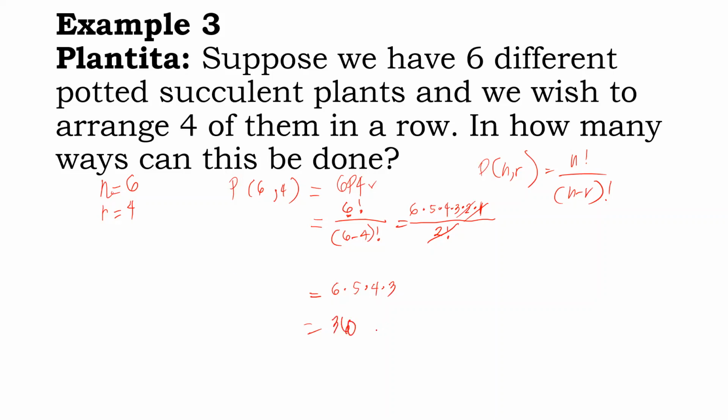So, meaning, there are 360 ways that you can arrange 4 succulent potted plants in a row. That is using the formula. If you look at your module, or worksheet number 1, it says, therefore, there are 360 ways to arrange the plants.